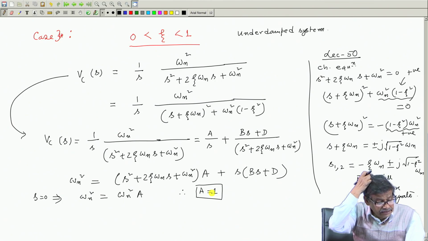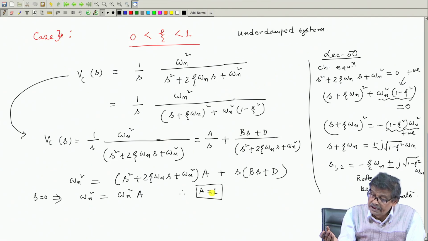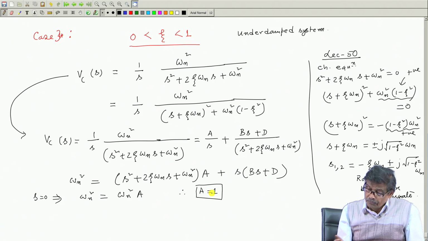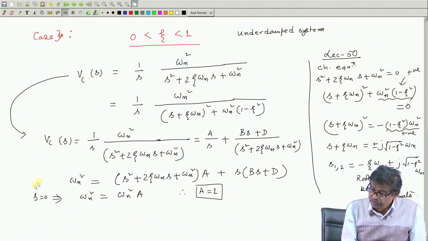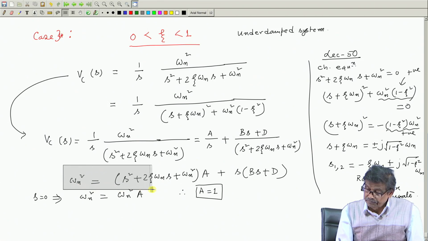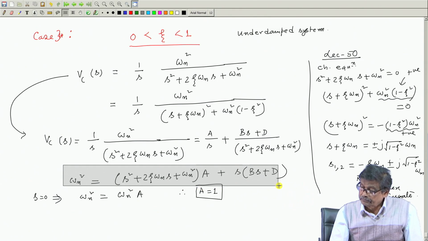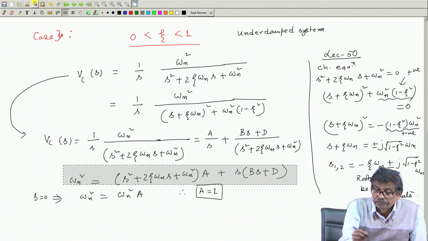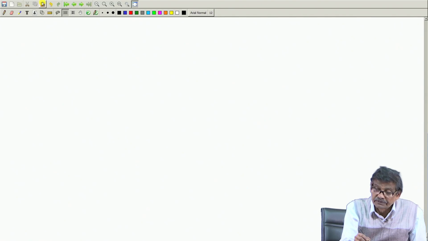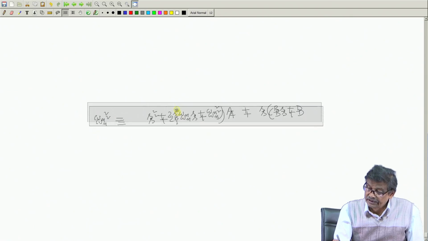Now, I have to get the values of B and D. The same equation I have to substitute, so I will go to the next page, copy it and paste it. This is the equation.